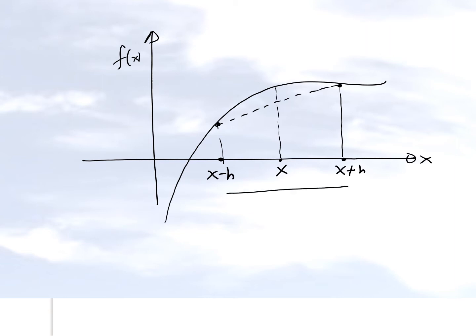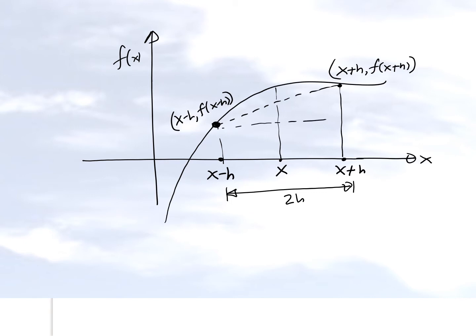Then we already know that this distance here is 2h, that the coordinate here is x minus h, and the value of the function at x minus h. The coordinate here will be x plus h for the x value, and the y value will be the value of the function at that particular point.